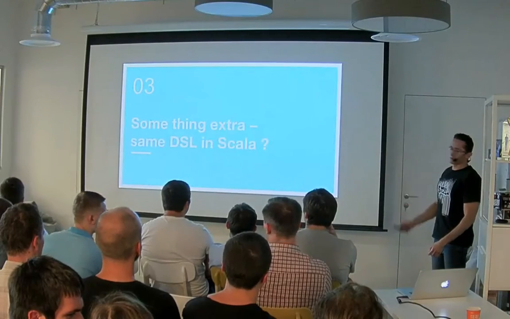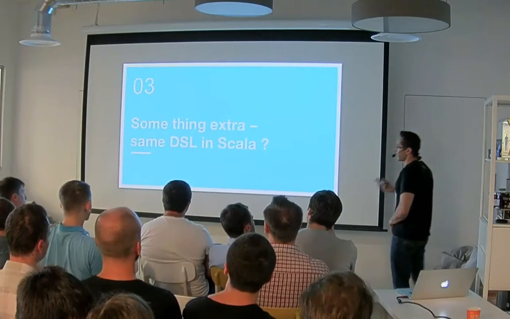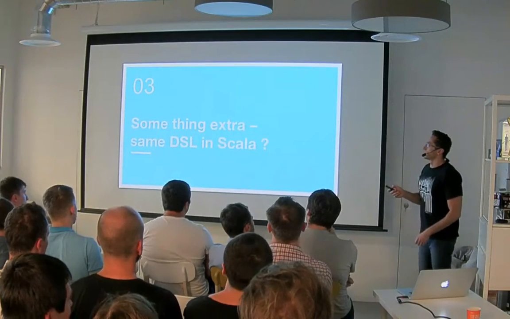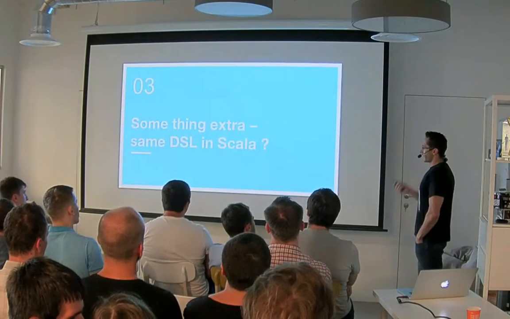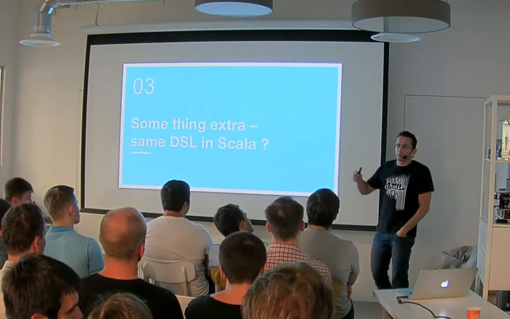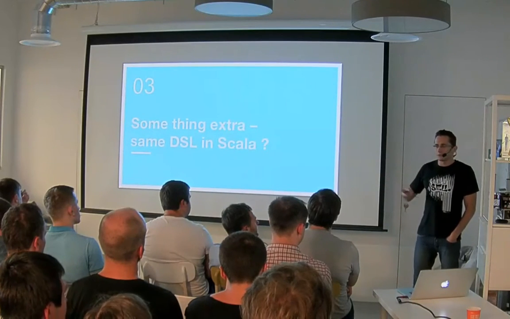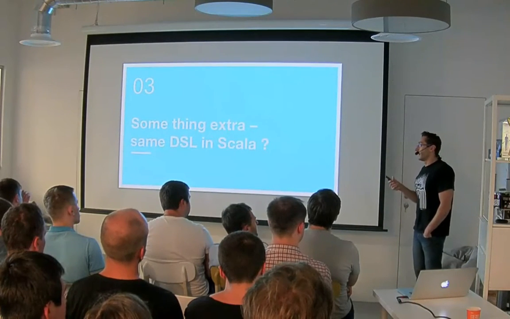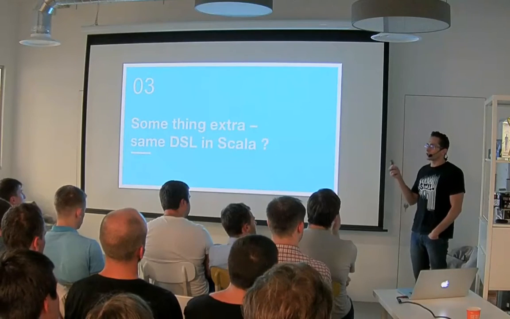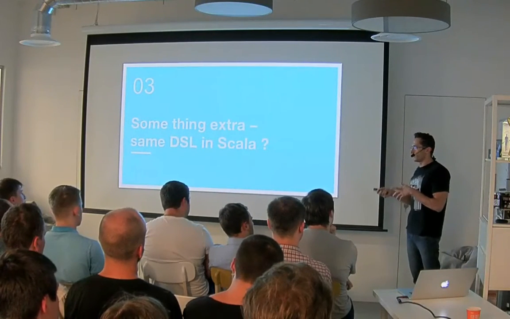And because I almost finished, I would like to show you the same thing in Scala. Why do I want to show you the same thing in Scala? Because as you've seen, a DSL is just an abstraction on top of an existing programming language, and you are bound to the syntax and how agile the language syntax is, and how much you can play with it.